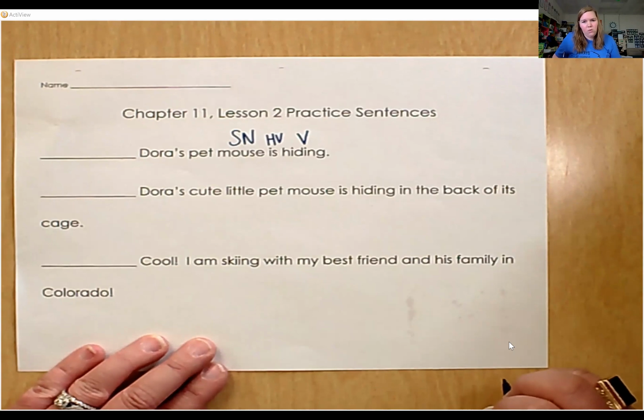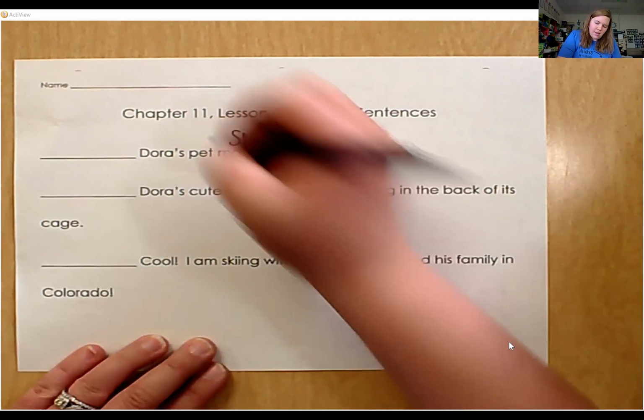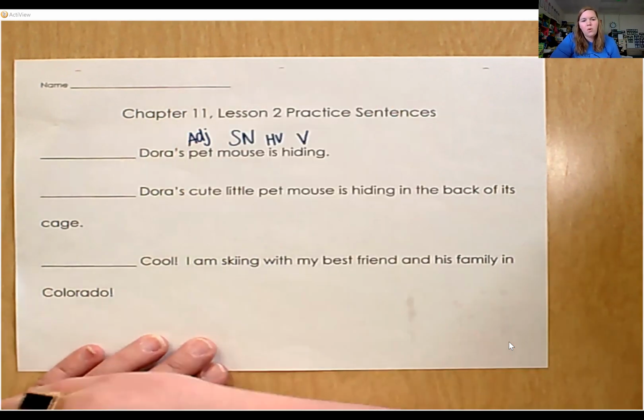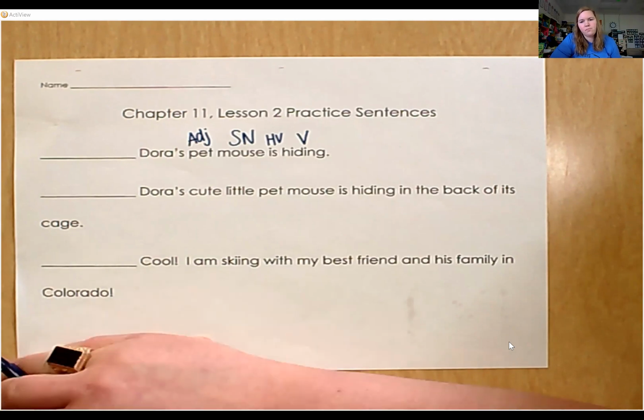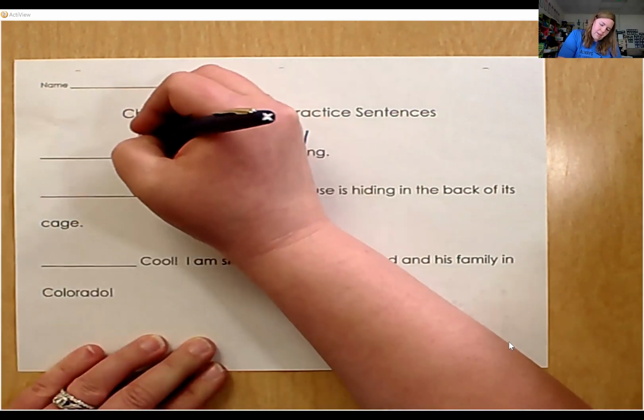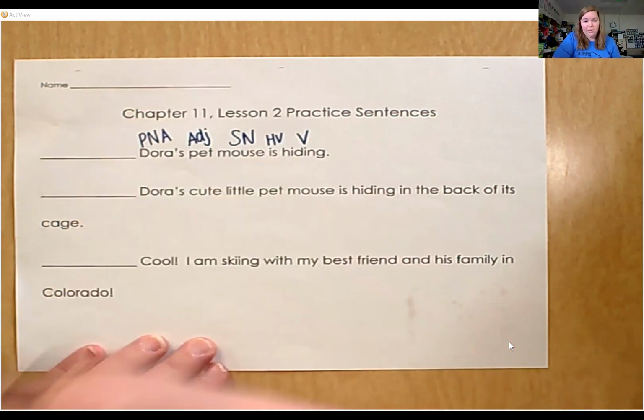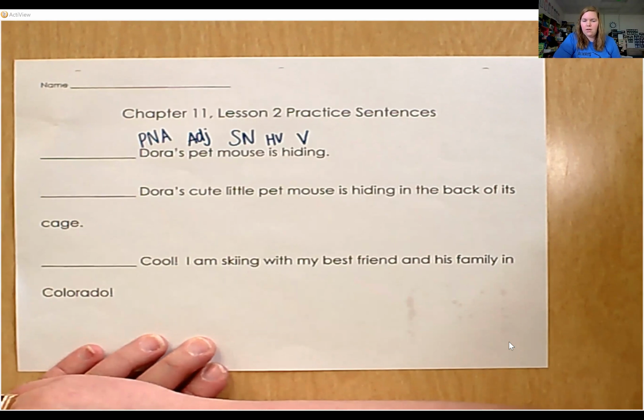What kind of mouse? Pet. What kind is an adjective question. Whose pet mouse? Dora's. Whose? Possessive noun adjective. Dora is a noun, so PNA.